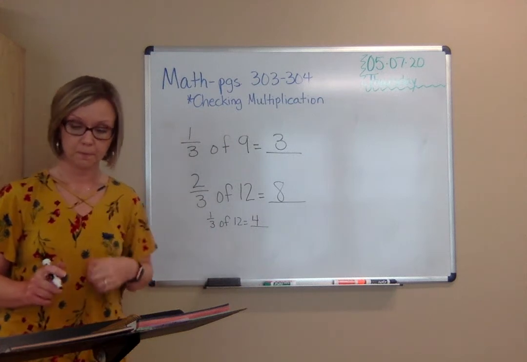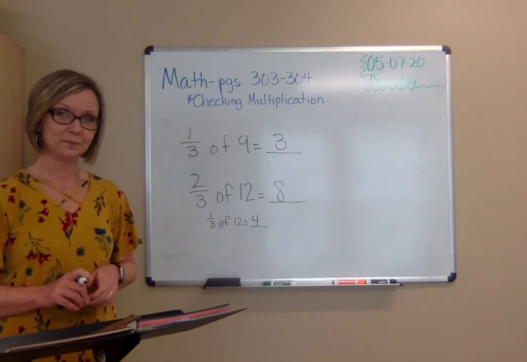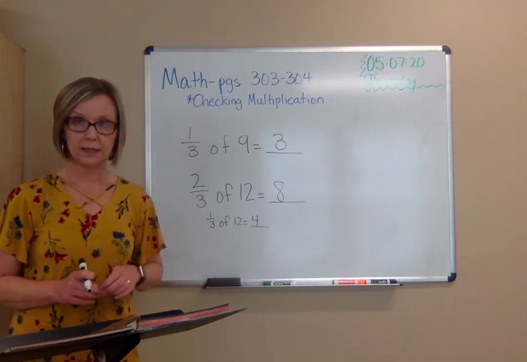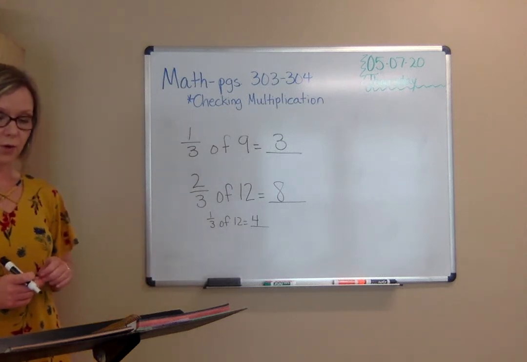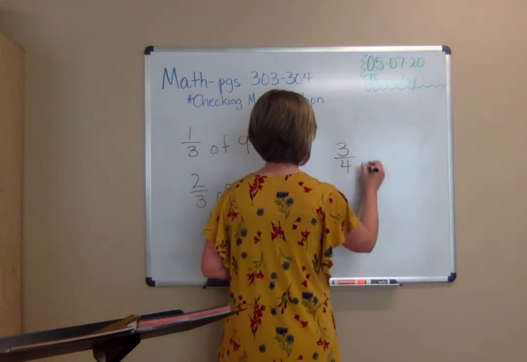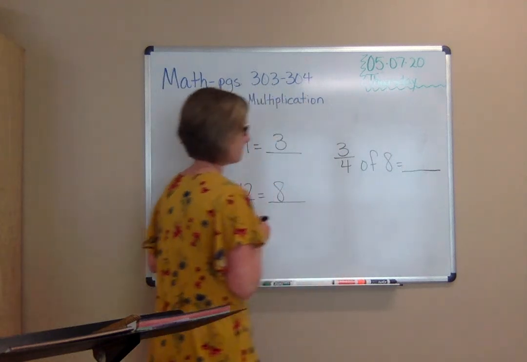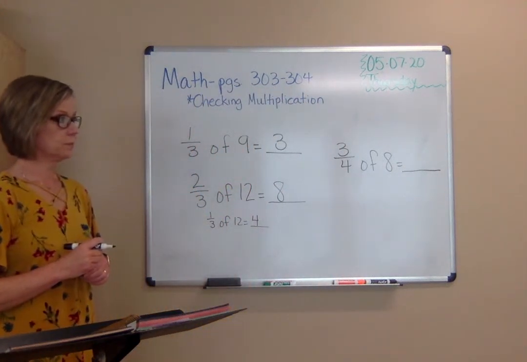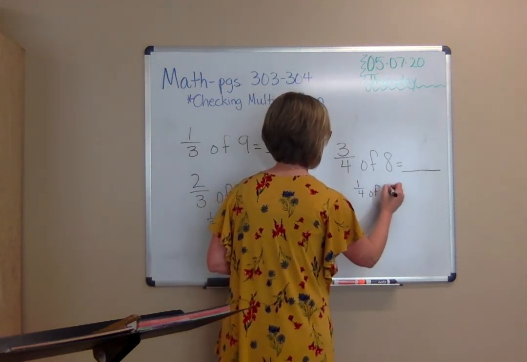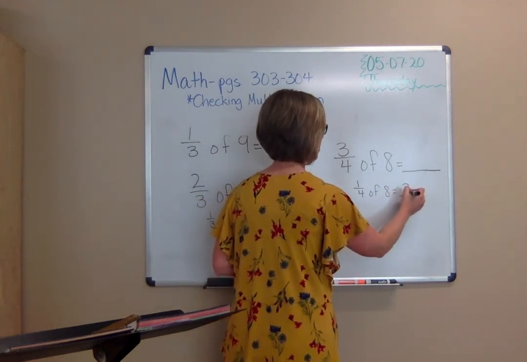All right. And I'll let you do C on your own. 3/4 of 8. Okay. 1/4 of 8 would equal what? 8 divided by 4 equals 2.